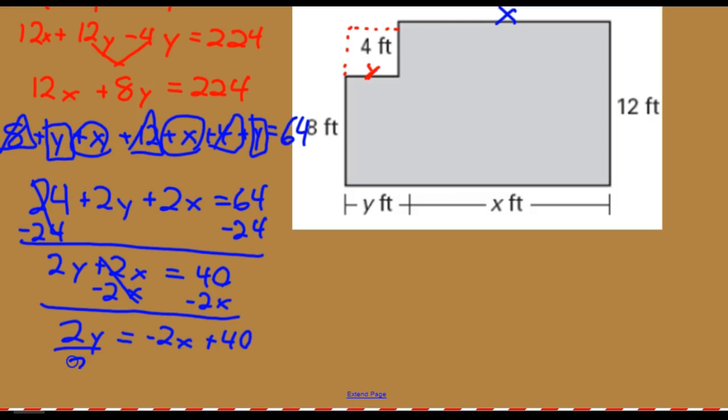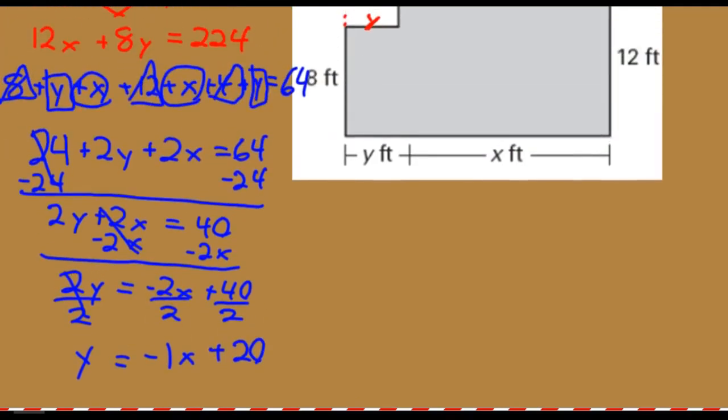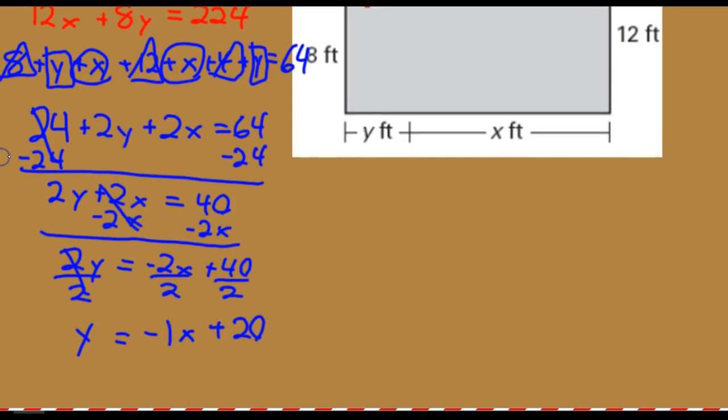I'm going to divide by 2 on everything. So we get y equals a negative 1x plus 20. So now we have a variable by itself. Now we can take this negative 1x plus 20 and plug it into our other equation to find what x is.